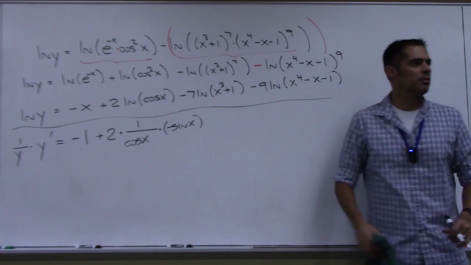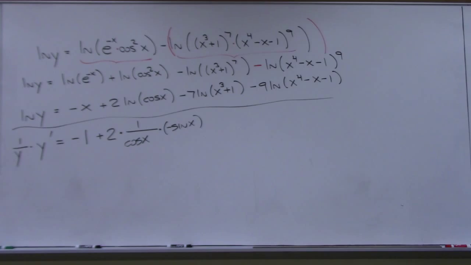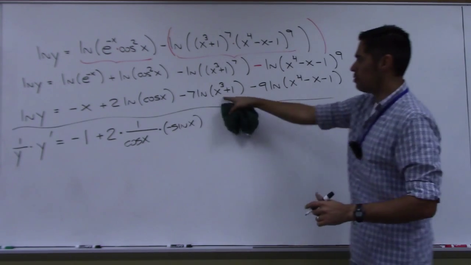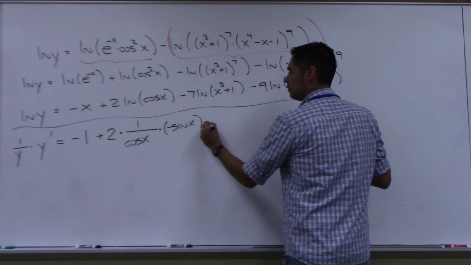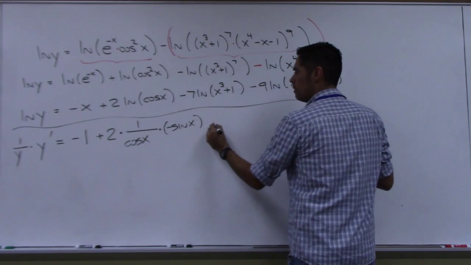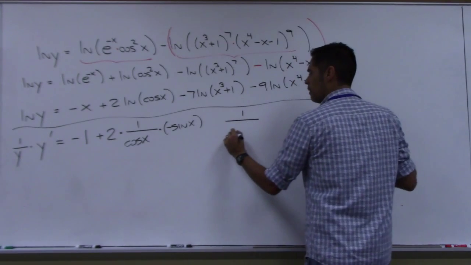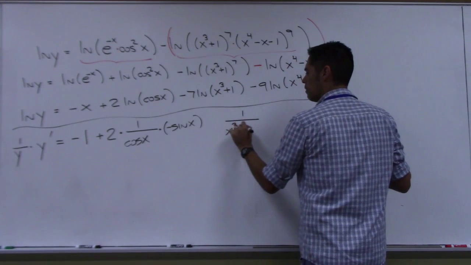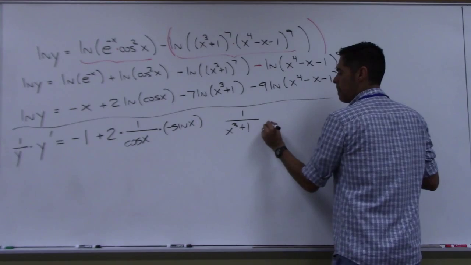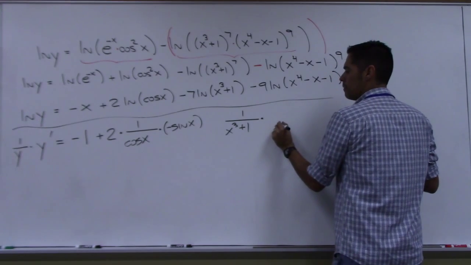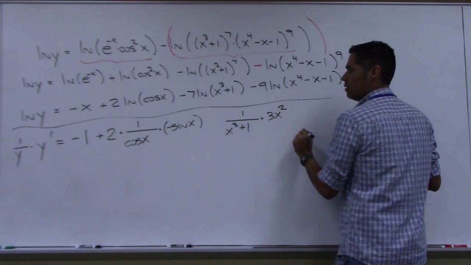Let's go around the room. Who wants to volunteer? We haven't gone around the room in a while. Go ahead. For the next one: 1 over x cubed plus 1 times 3x squared. Good.